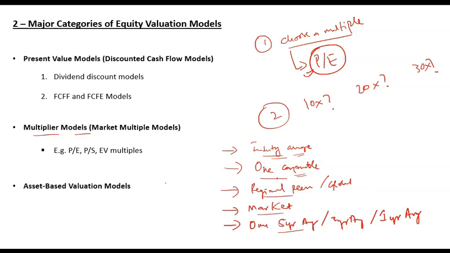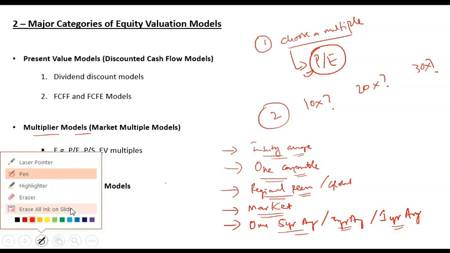If you are using one comparable, maybe there is something special about that comparable and this company is not, and that's why it is trading at a premium or discount. Regional markets might not be the same as the local market, so valuations can be higher or lower. The market might not be representative of that particular company. Own past average might not be relevant, because maybe things have changed. So how do we go about it?